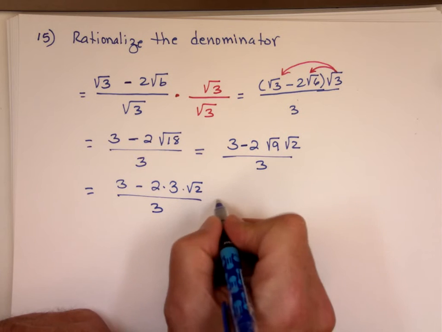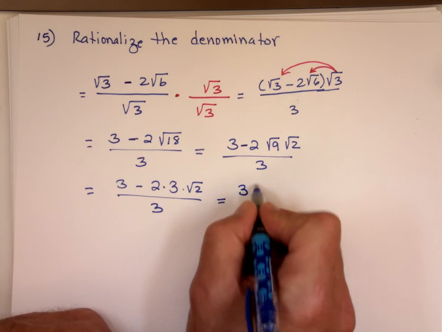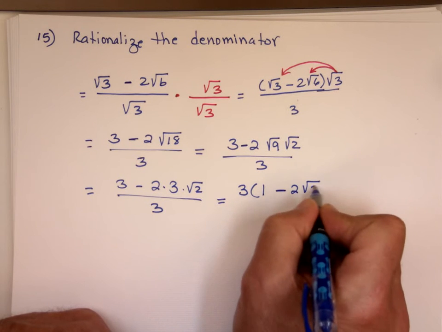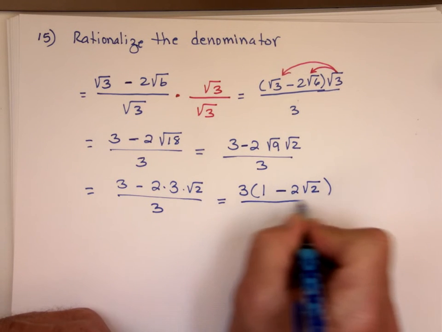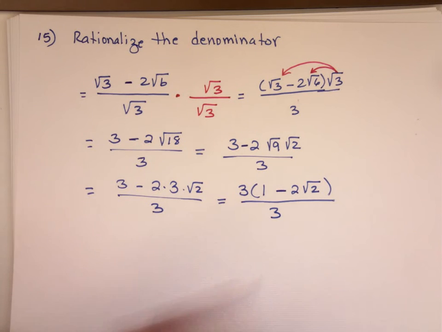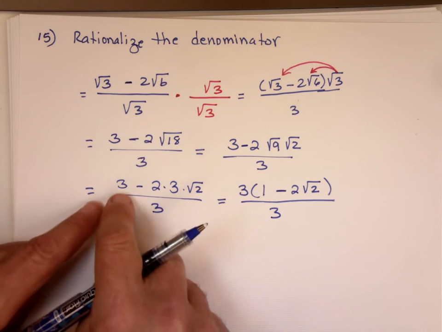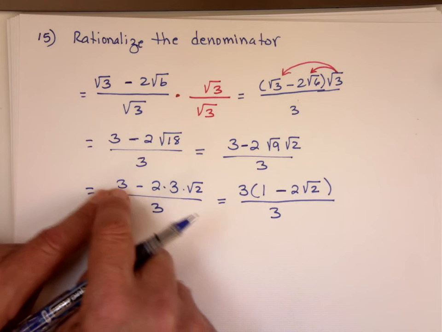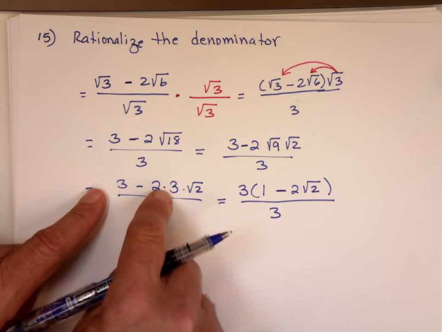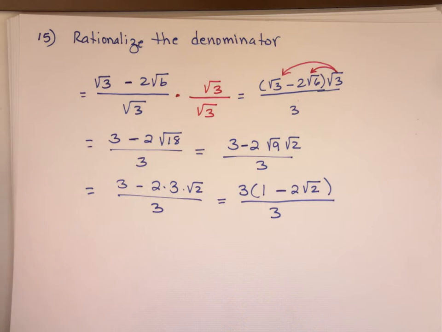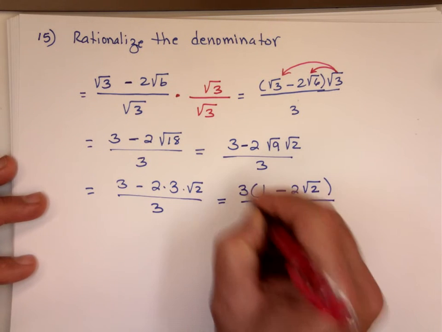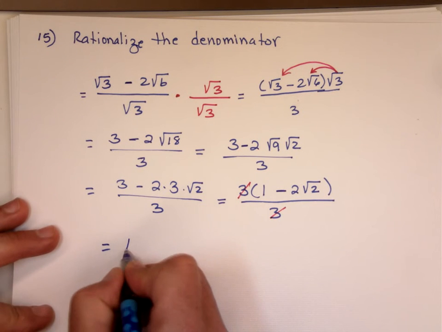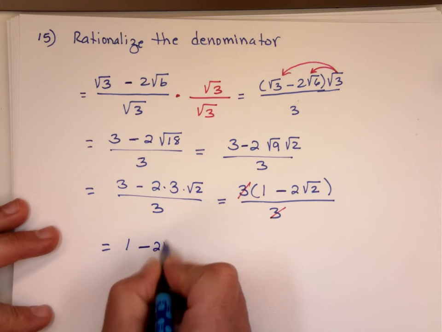If you factor 3 out, what's left? 1 minus 2 the square root of 2 over 3. So I factor 3 out. This is 3 times 1. I just don't put the 1. You take the 3 out of each one. There's a 1 left here minus the 2 and the square root of 2. And the reason I want to factor the 3 is because these two will cancel each other out. And my answer for this question will be 1 minus 2 the square root of 2.